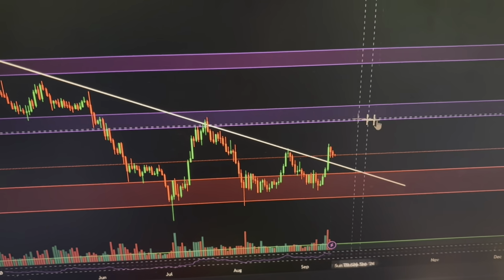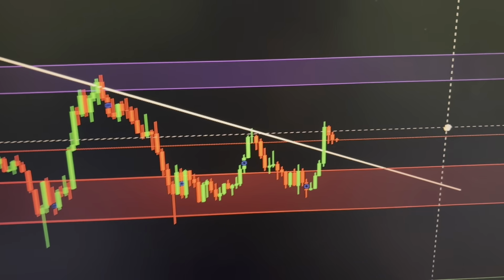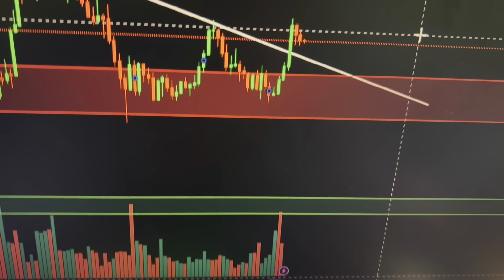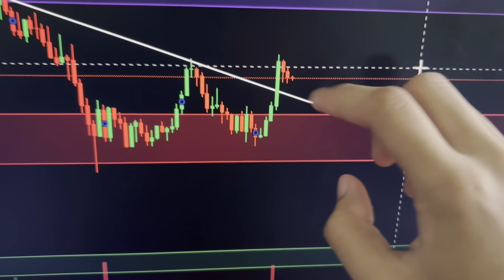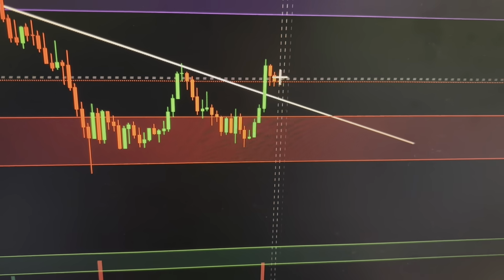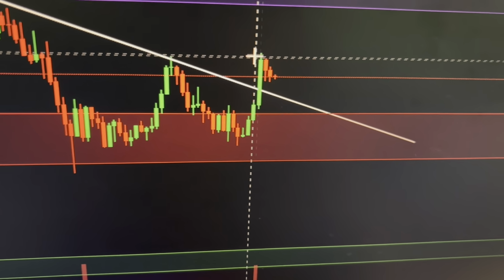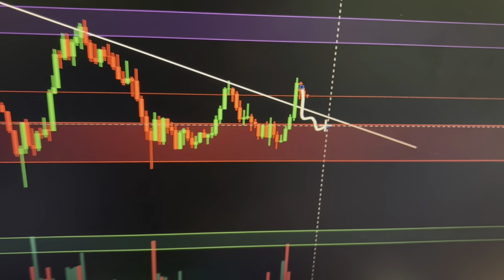However, just be warned that right now there is still a chance that ICP could be in a massive fake out, but that is why I'm looking out for this one. If you do see ICP have a retest of the trend line, we must see ICP hold this trend line as support, because once you see ICP fail to hold this trend line as support and just dump back below it, then that is a massive fake out.